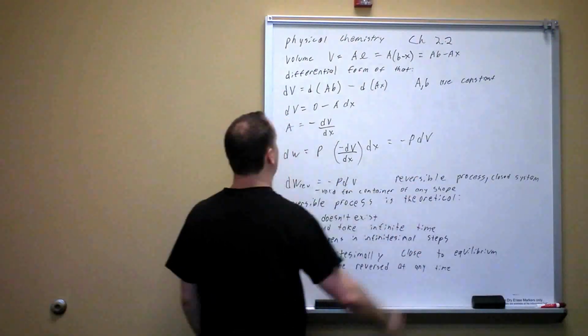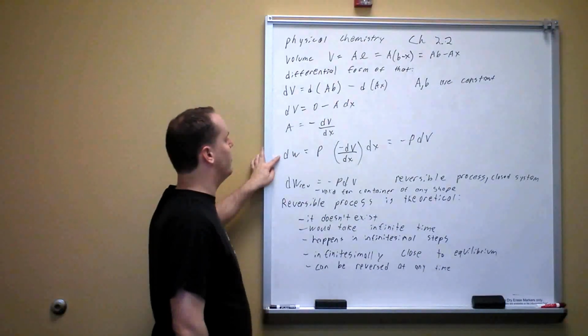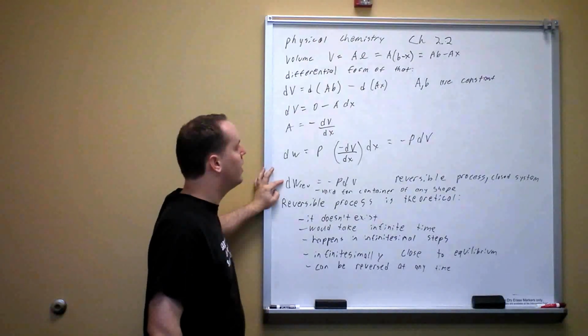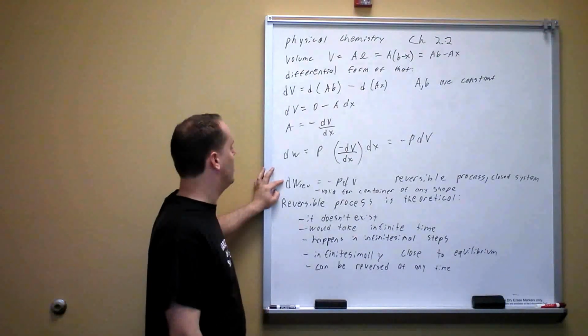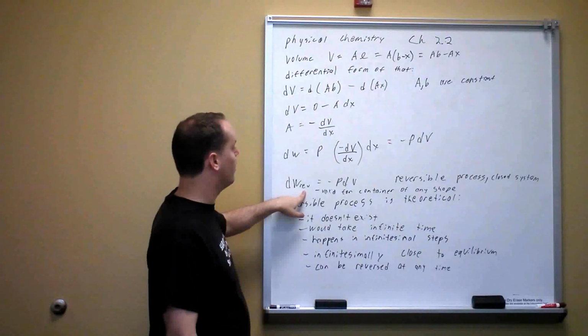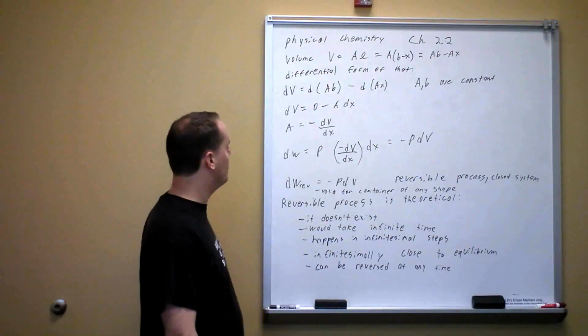So we end up with the differential of work is equal to minus pressure times the differential of volume. That is our formula for work, for any reversible process in a closed system. This is valid for any shaped container. So differential work reversible is equal to minus pressure times the differential of volume.